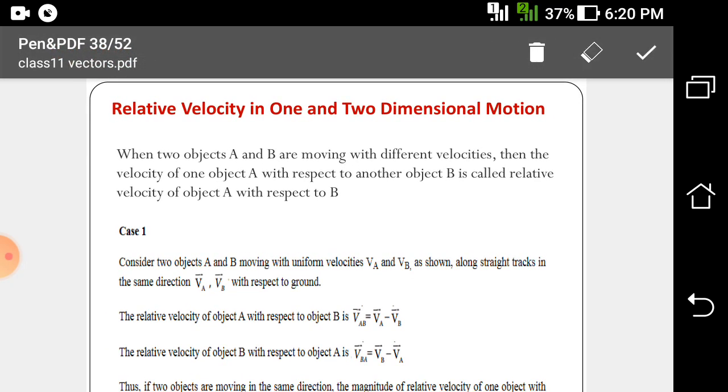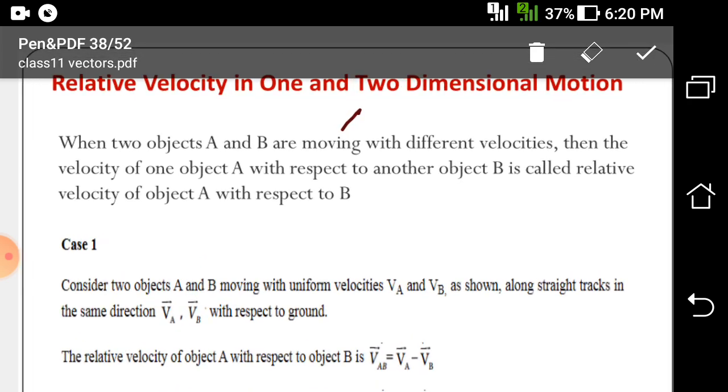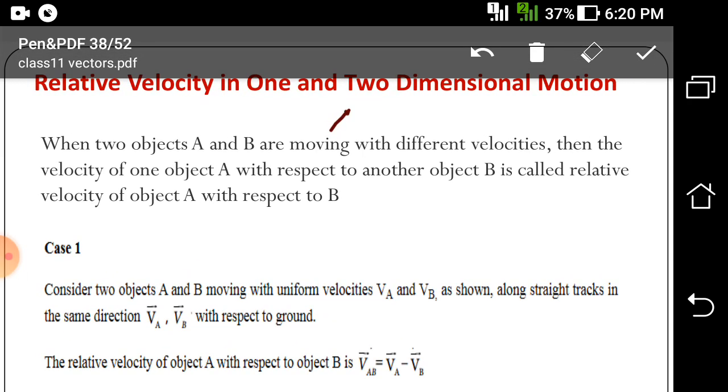Before starting this topic in two dimension, let us recall the relative velocity in 1D, that is one dimension, that you have done in the previous chapter, that is straight line motion. Here the velocity of one object A with respect to another, B, is called the relative velocity of A with respect to B. Suppose both objects A and B are moving with VA and VB respectively along the same track.